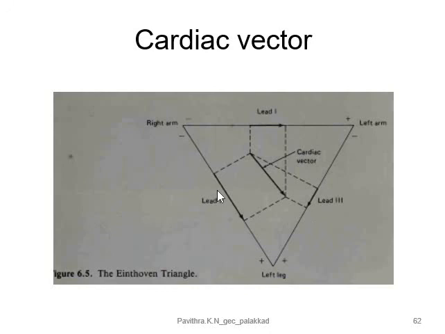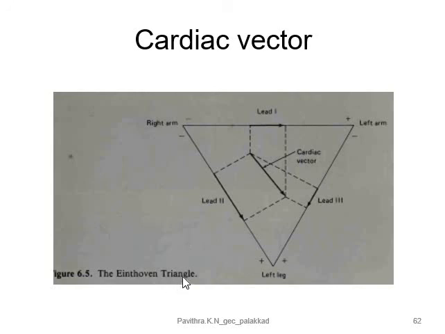So if you take 3 vectors, one on each side, and draw perpendicular lines from each end of each vector, that is here in lead 3, this is the vector corresponding to lead 3. At both ends of this vector, we are drawing dotted lines perpendicular to this side. Similarly, in lead 1 and lead 2 also we are drawing the lines. So at the intersection of these 3 lines, a vector occurs. This is known as the cardiac vector.